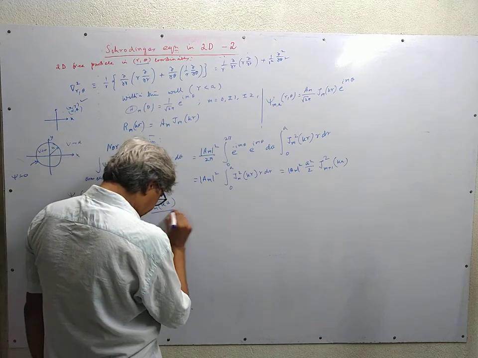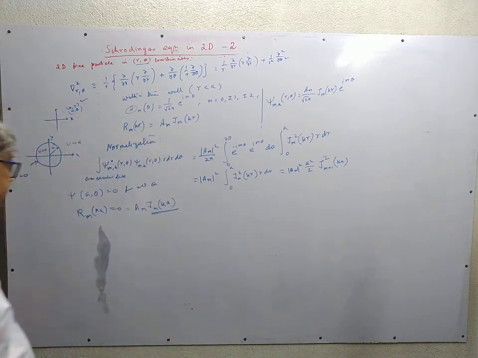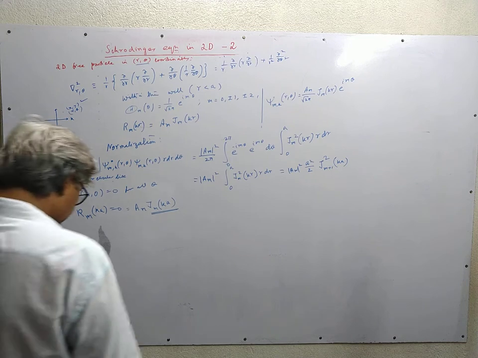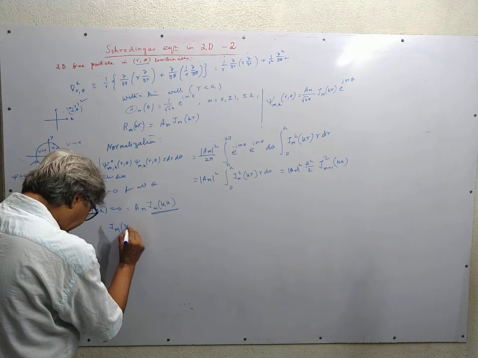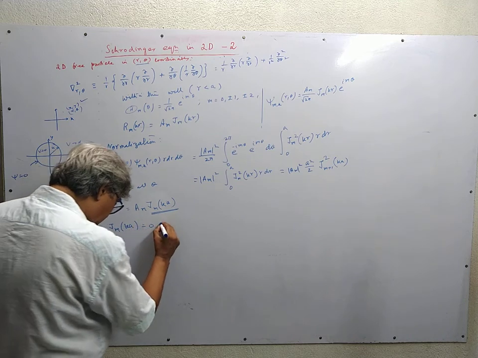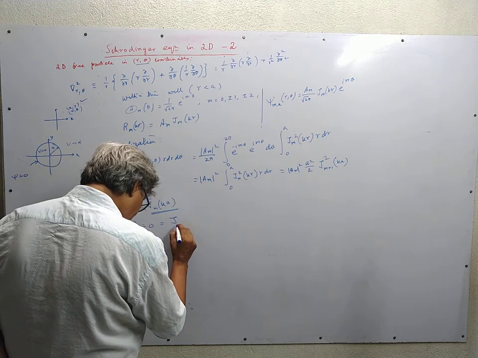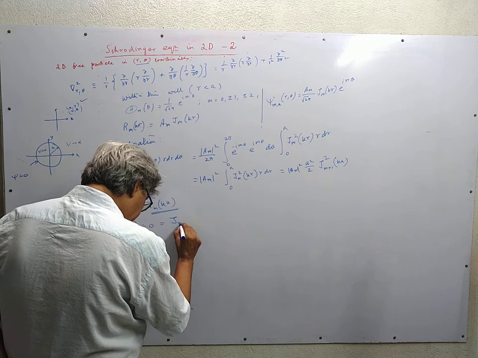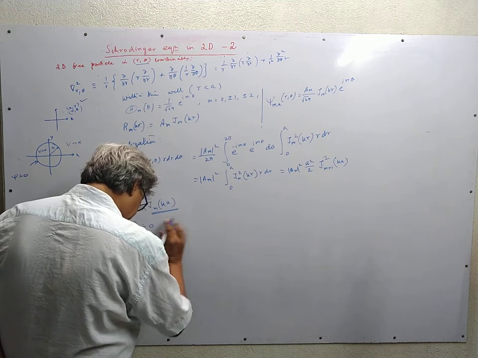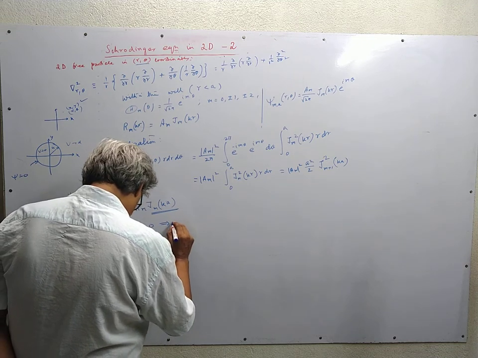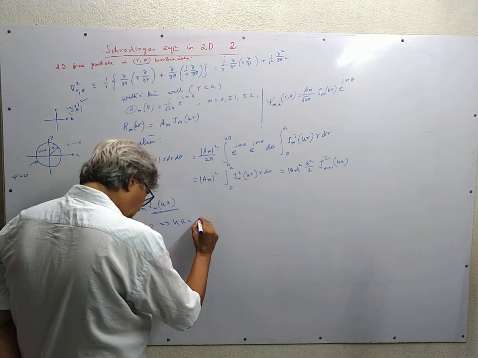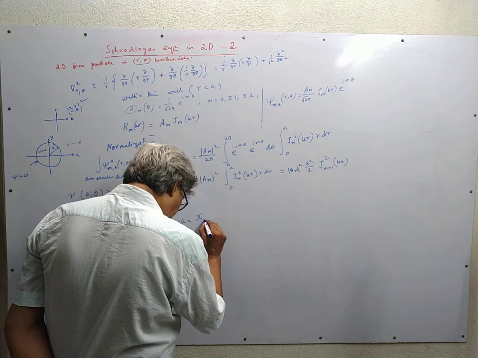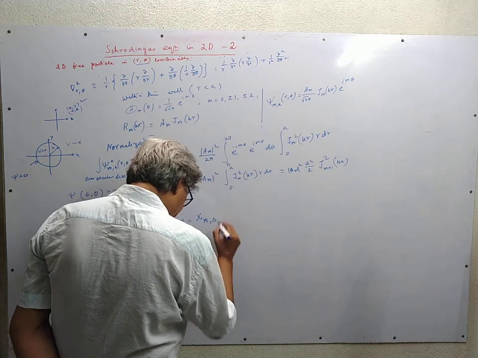Here we consider the zeros of the Bessel function, which indicates that ka must be equal to χ_ms.